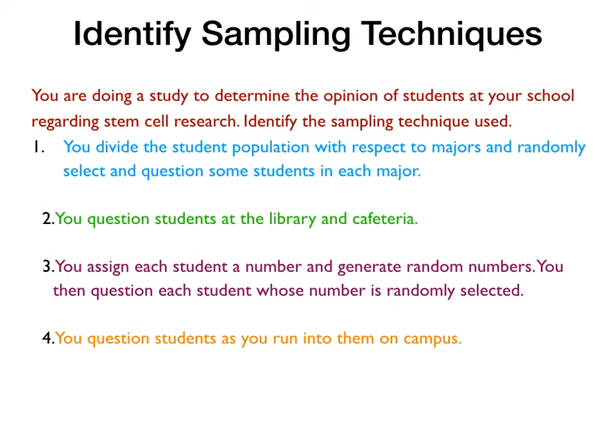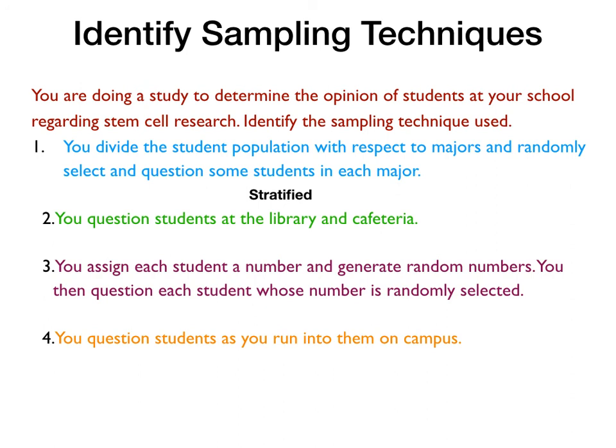First, you divide the student population with respect to majors and randomly select and question some students in each major. So because you divide students by majors, it means each of the majors is a stratum, right? And you have strata. And you just select some students in each major, which means it's a stratified technique.